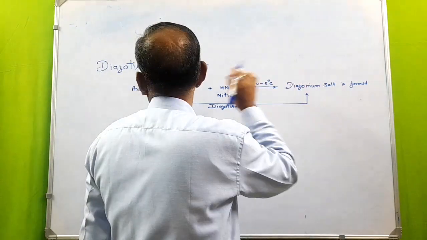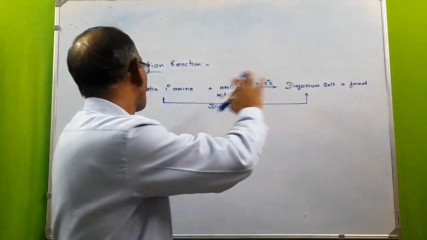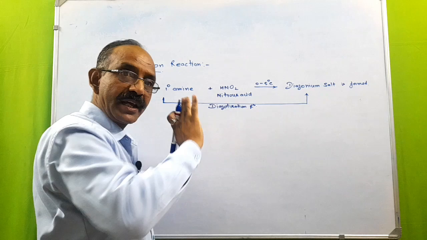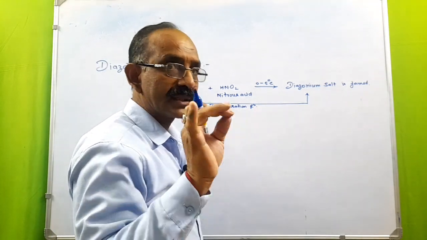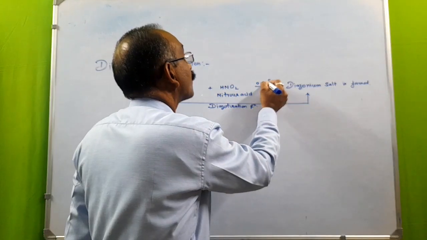The diazonium salt obtained from the aromatic primary amine is stable only in this range of temperature.